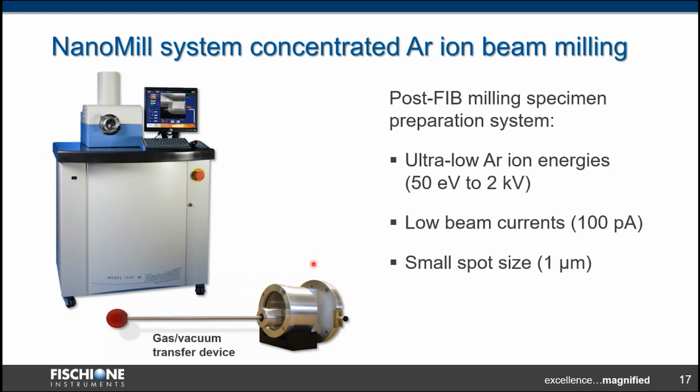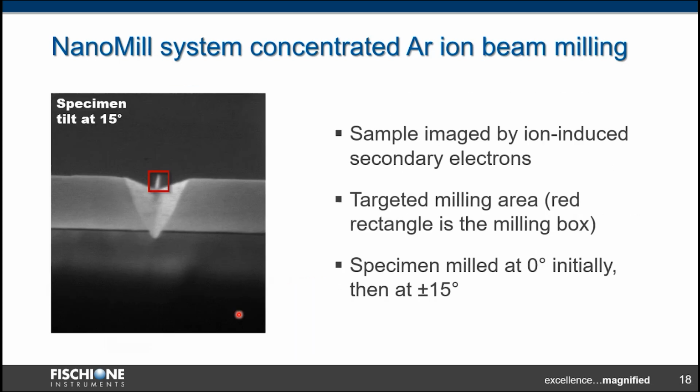We use a transfer capsule to transfer the sample under a controlled environment, which can be vacuum or inert gas, between the NanoMill, glove box, and APT system. As you can see here in that image, in the NanoMill, the sample can be observed using secondary electrons.